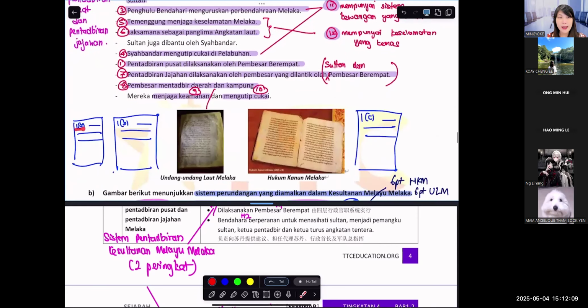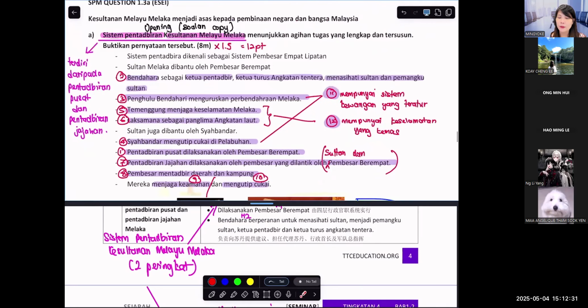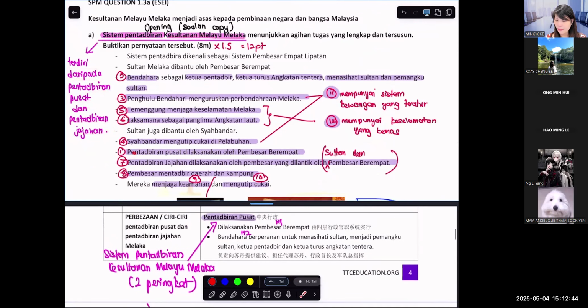So what you do is 1A, then you leave a space, and then your paragraph. And then 1B, leave a space, and then paragraph. And then 1C, leave a space, and then paragraph. Like that. So 1A, 1 paragraph. B, 1 paragraph. C, 1 paragraph. Now, you must write the opening, for example, Sistem Pentadbiran Kesultanan Melayu Melaka terdiri daripada pentadbiran pusat dan pentadbiran jajahan. Then you start with pentadbiran pusat dilaksanakan oleh pembesar berempat.